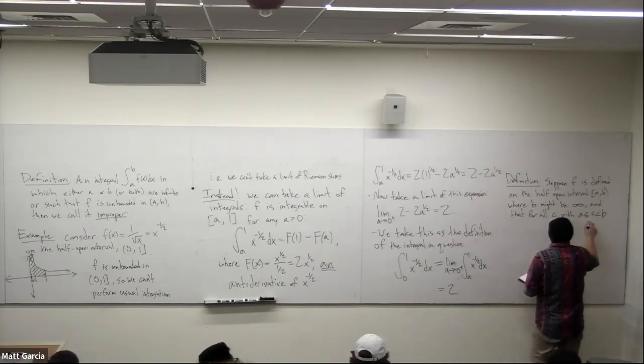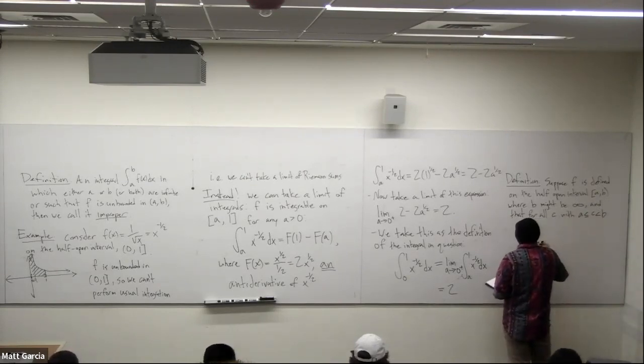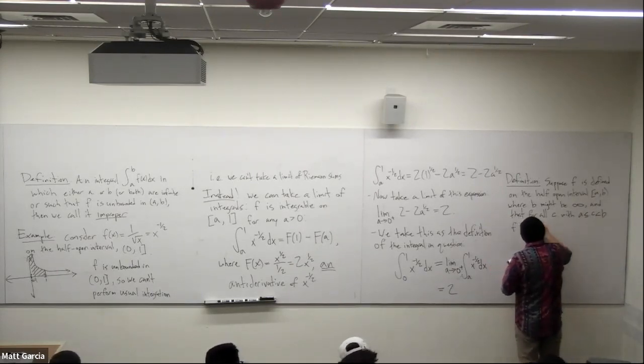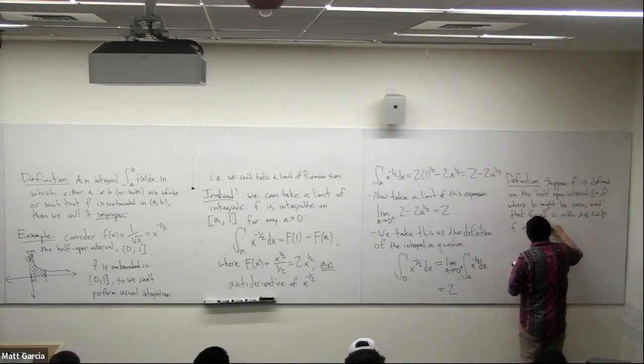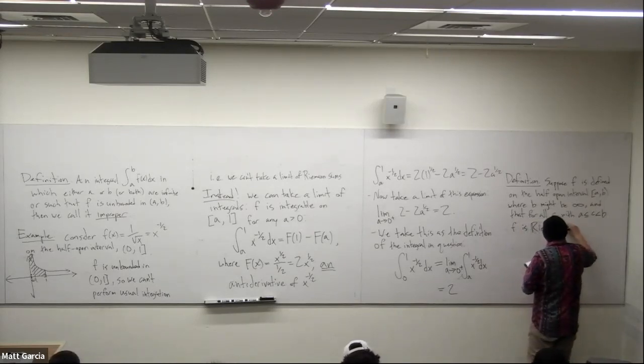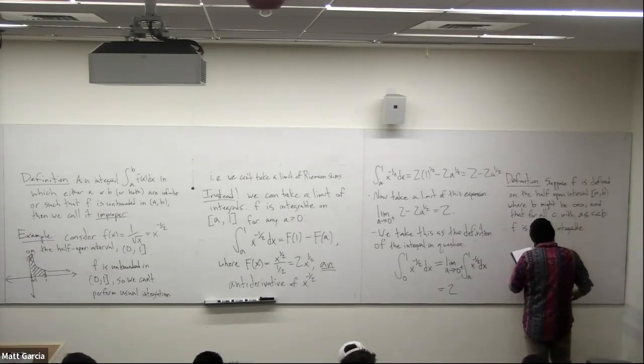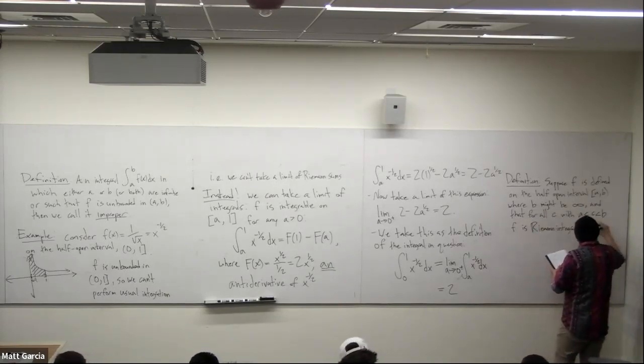For all c with a less than or equal to c less than b, f is Riemann integrable on [a, c].